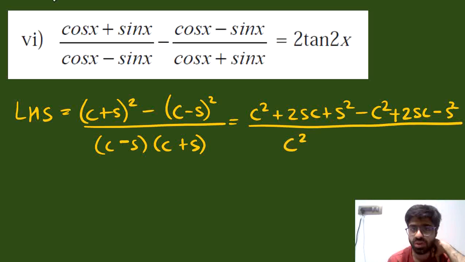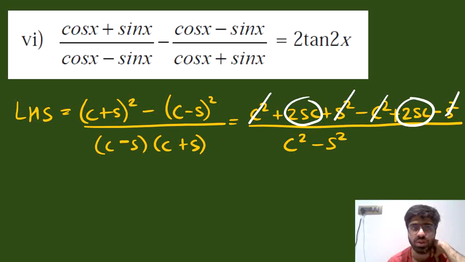So this will give you cos square x minus sin square x in the denominator. Now cos square x minus cos square x goes off, sin square x minus sin square x gets cancelled, and we are left with 2 sin x cos x plus 2 sin x cos x, which is actually equal to 4 times sin x cos x.